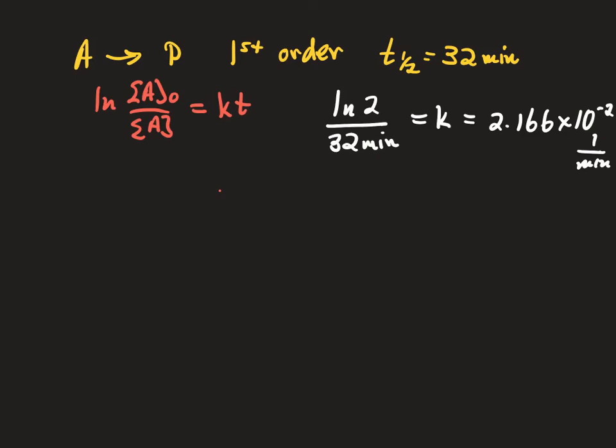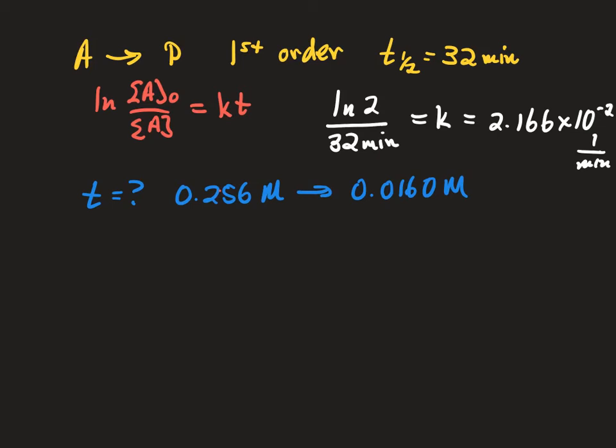Now, the problem continues to ask how much time would elapse if we went from 0.256 molar down to 0.0160 molar. Now that we know K and we know two concentrations, we can use our integrated rate equation.